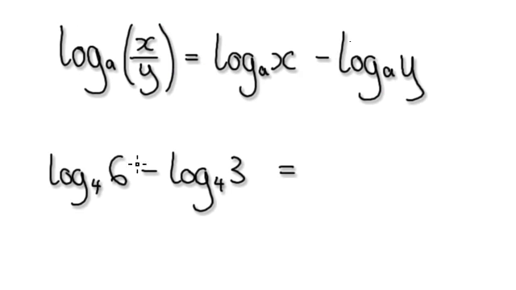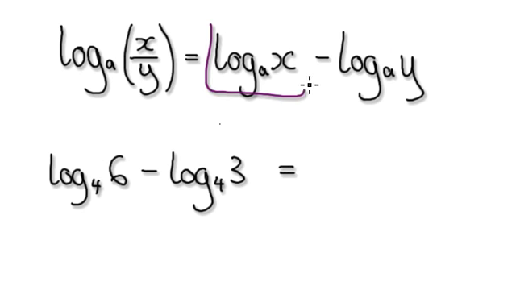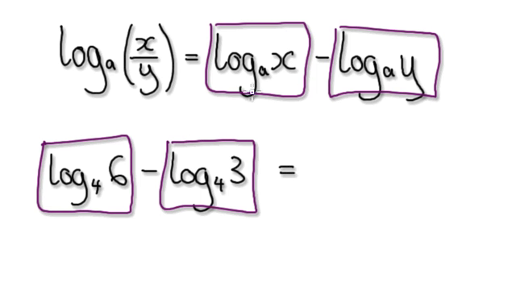As an example here, if you're given this here, check that the two bases are the same, and then you simply get, well, this is your 6 here, and this here... oh sorry, hang on, we've got to look at it from this side here, sorry. So this thing here is this thing here, and then this thing here is this thing here. So now we can turn these two into this by doing this.